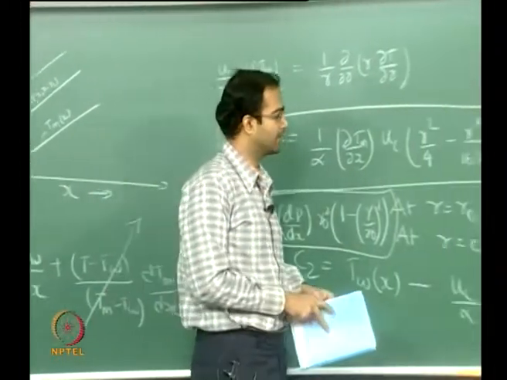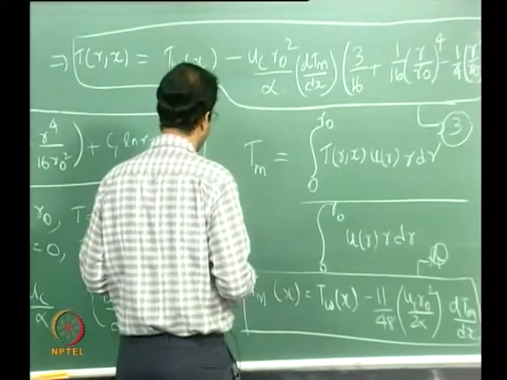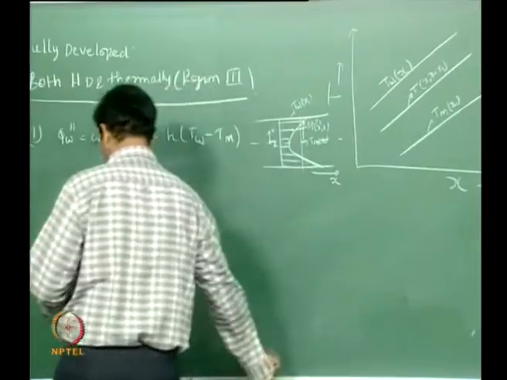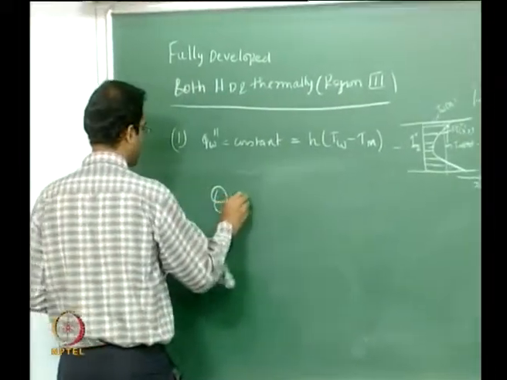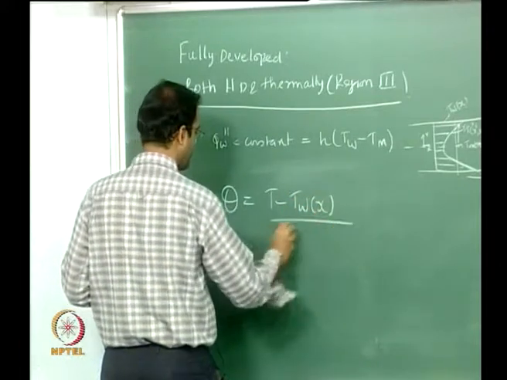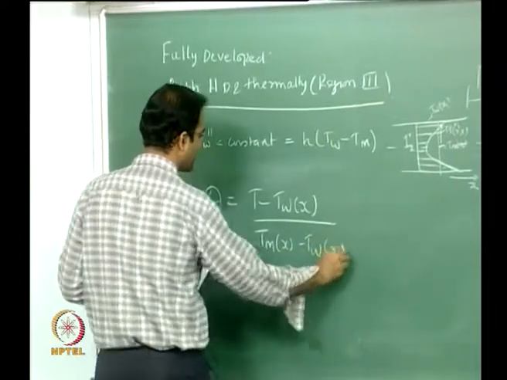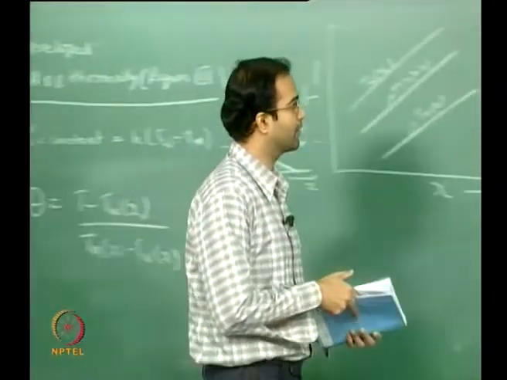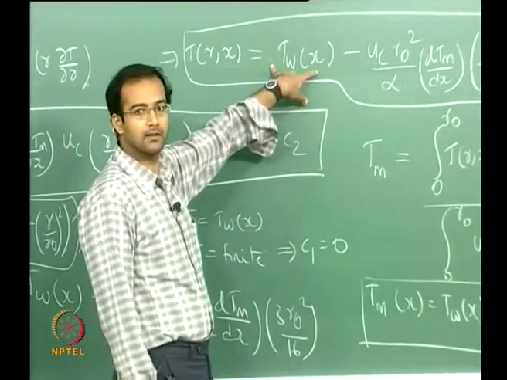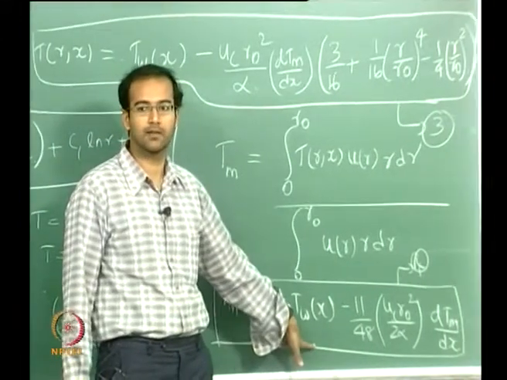Alright, so once you got your Tm, now we can calculate the non-dimensional temperature. So your non-dimensional temperature is defined as T minus T wall of x by Tm of x minus T wall of x. Now you have an expression for T minus T wall here from the temperature profile, and also an expression for Tm minus T wall here.